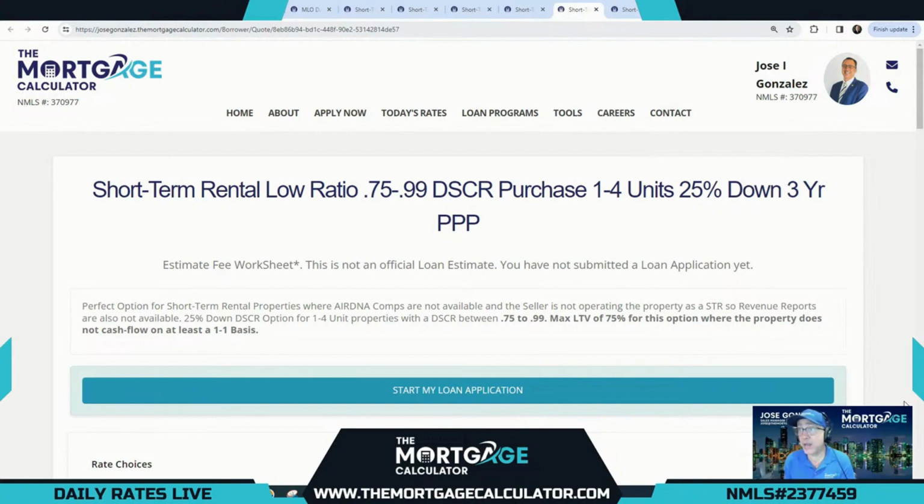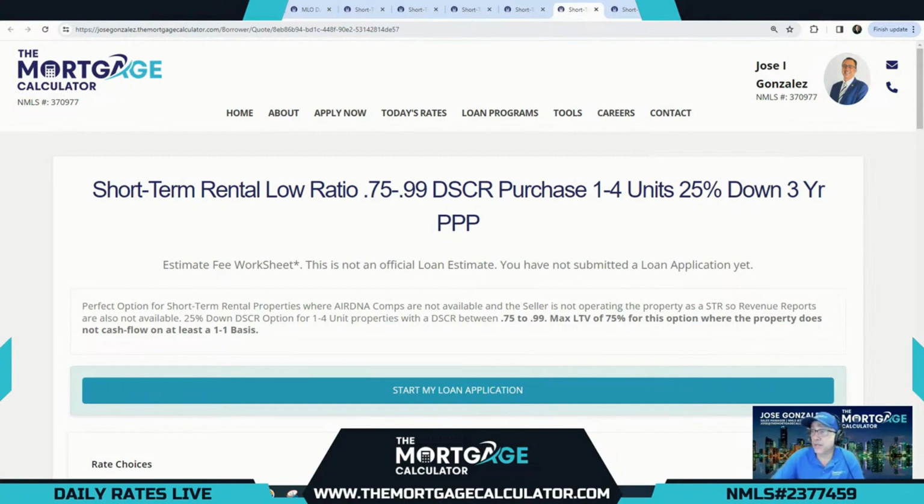We can, on a 1.0 or greater DSCR, we do have the option below 1.0 DSCR. This is when the debt service coverage ratio covers the housing expense anywhere from 75 to 99%. You're still not covering on a 1.0 basis.